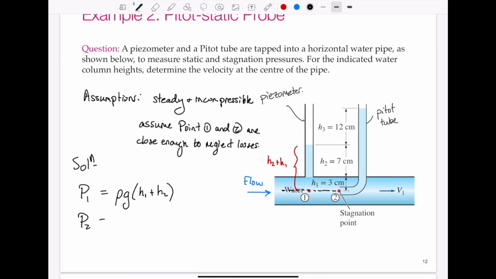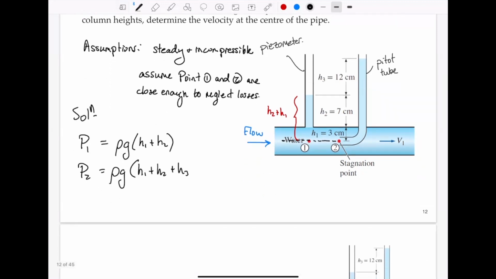For pressure 2, we get the same thing, rho g, except now we have to add up h1 plus h2 plus h3. And we know also that z1 is going to be equal to z2 because they're at the same point.